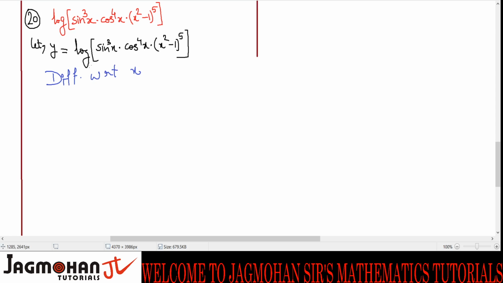Say, if I differentiate it as it is at this very step, what will happen? I will have d by dx of y, and this side I will have d by dx of log of sine cube x multiplied to cos raised to 4x multiplied to x square minus 1 the whole raised to 5.